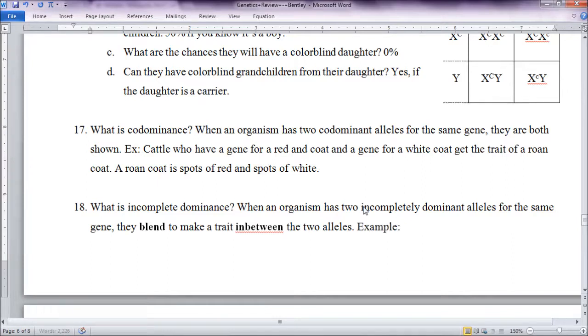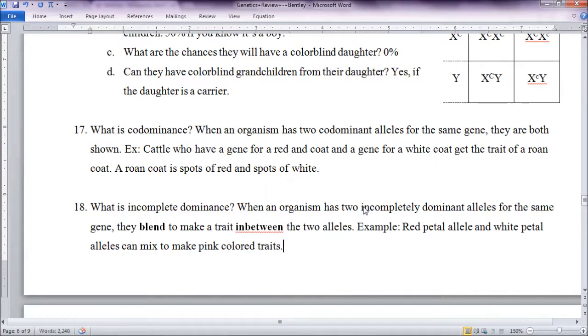Example: red petal and white petal alleles can mix to make pink colored traits.